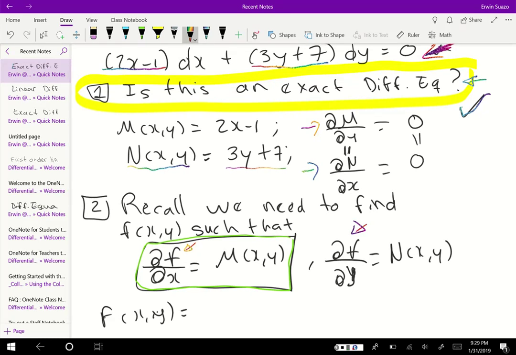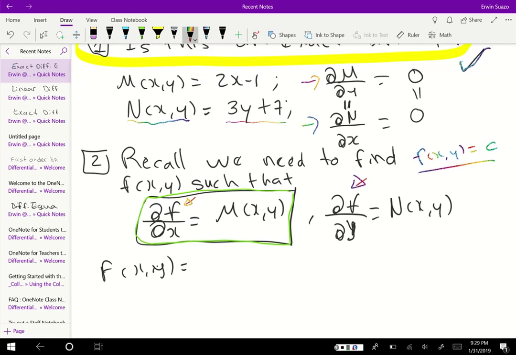We are looking for a function f of x,y equals c, such that when we find the differential of this equation, this is exactly the equation we are looking for.